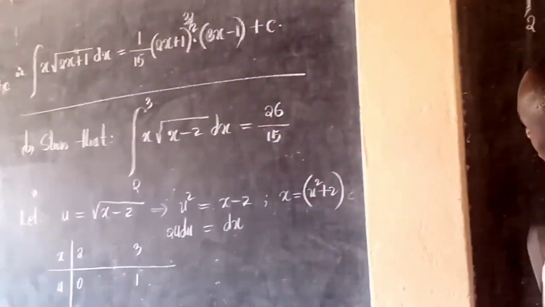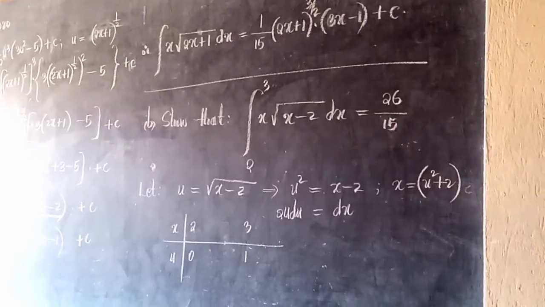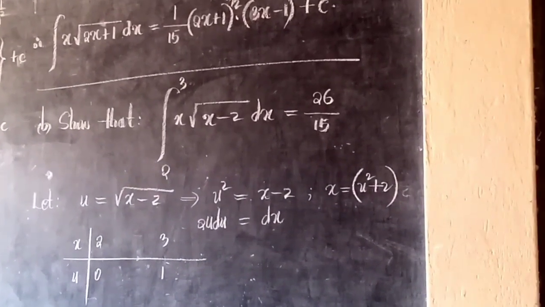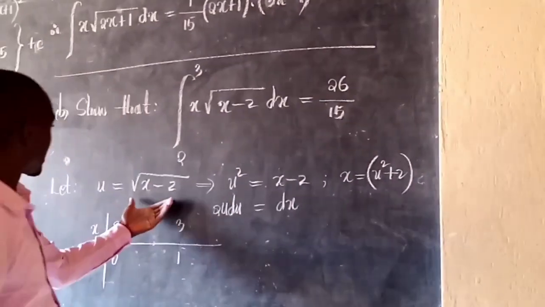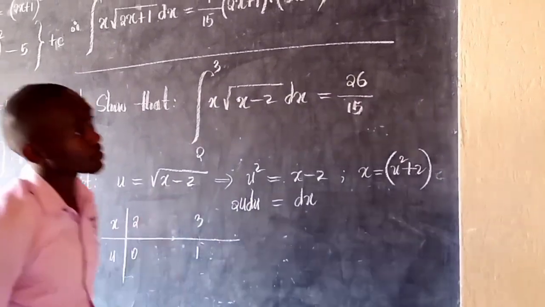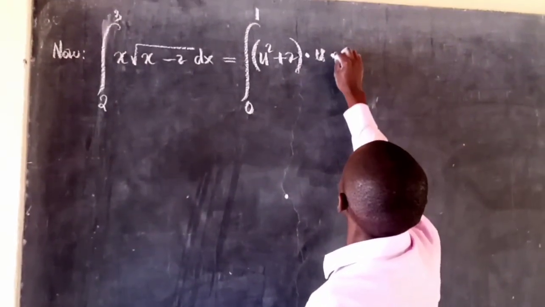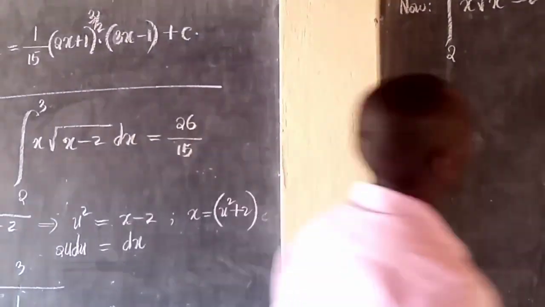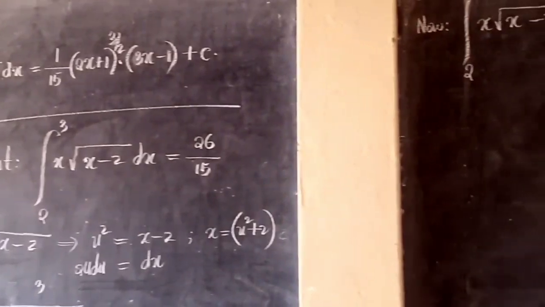What is x then? We have x here as u squared plus 2. And the square root of x minus 2, we got it as u. We are changing the variable, remember, and dx is ready for us to use as 2u du.